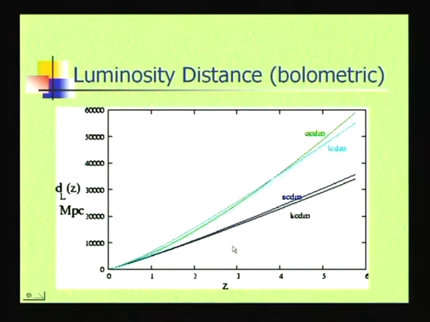So, same object, same redshift, the predicted flux would be smaller in LCDM at these redshifts. Here the OCDM model would be faintest. So, this is the implication of this graph.